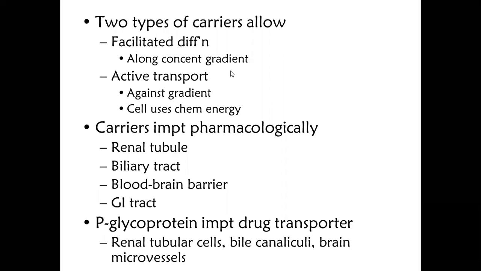When we transfer the molecule from lower concentration to higher concentration, we need to spend energy in the form of ATP. The cell uses that ATP for energy to move that molecule from the lower concentration compartment to the higher concentration compartment with the active transport mechanism.